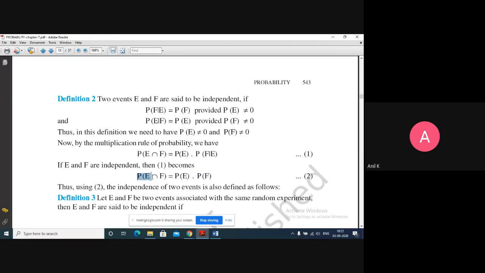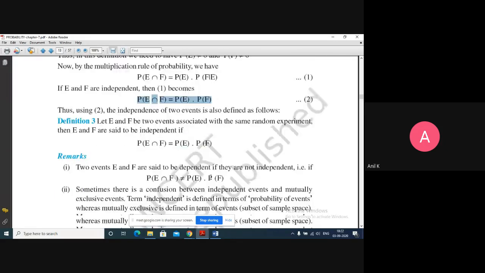So if two events are independent events, we have another formula here: P of E intersection F, that is the probability of happening E and F, will be the same as the product of the probability of happening E and the probability of happening F, P of E into P of F. So this is the formula to remember.